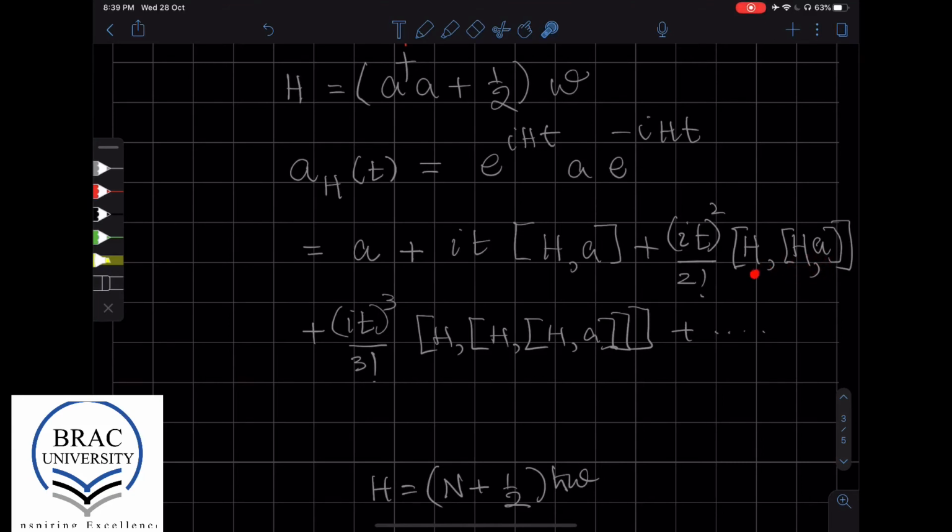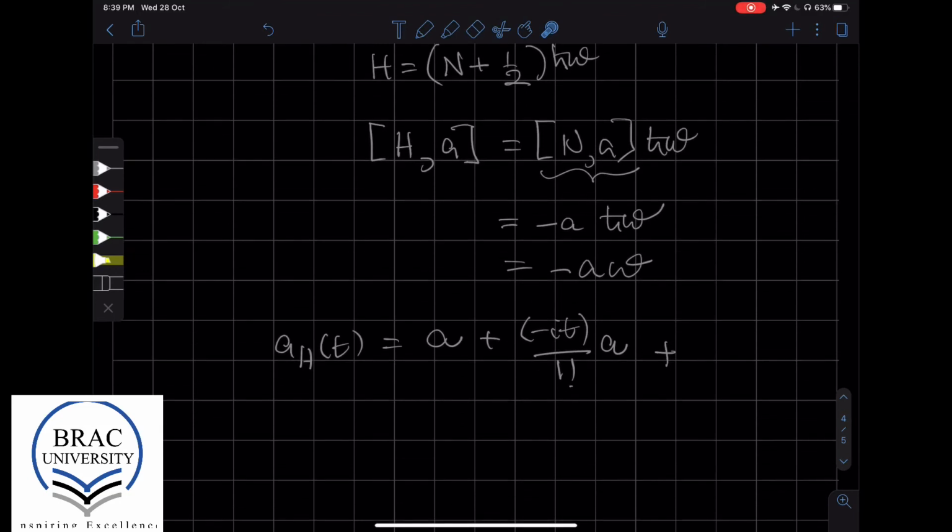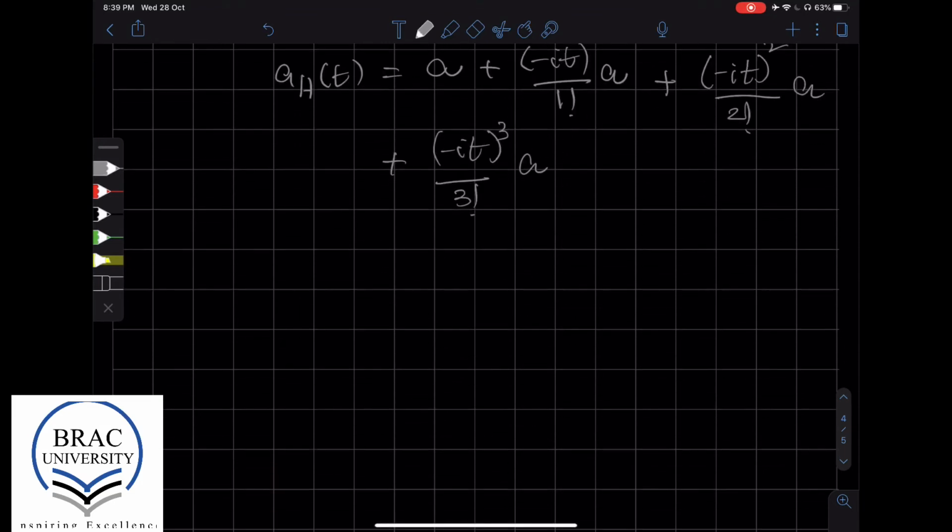So we get two minuses and one a, so we can write that as minus it squared divided by factorial 2, times a. And then the next term would be minus it cubed divided by factorial 3, times a. So we say that the a factors out, and then everything else just becomes the power series of e to the power minus i.